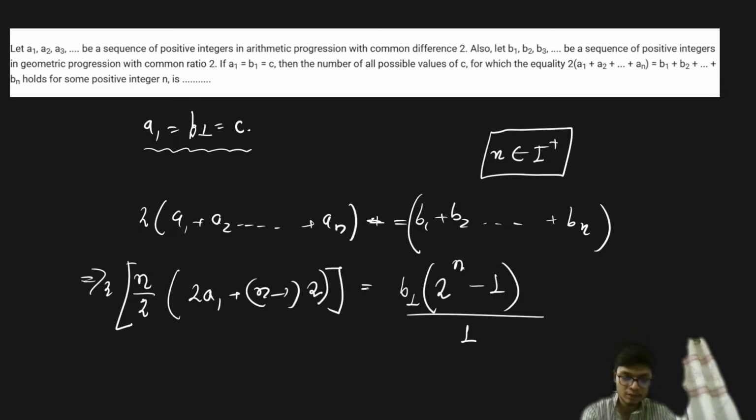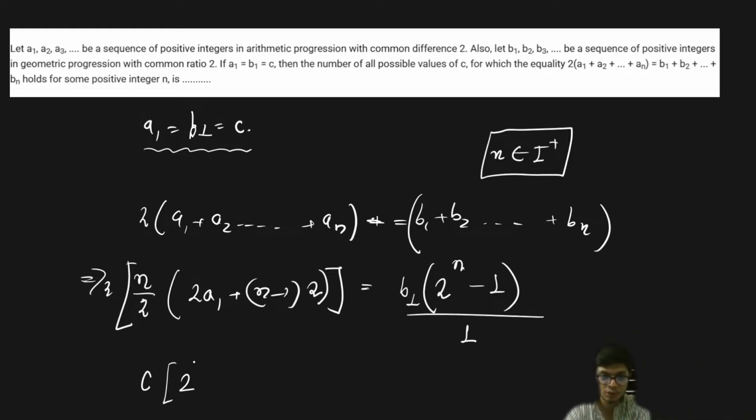If I do that by some simplification, what you will get is a closed equation as follows: c times (2 to the power n minus 2n minus 1) is equal to 2n square minus 2n.